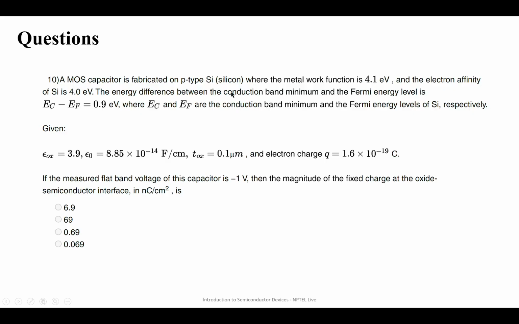Now you can calculate your phi ms, which is 4.1 minus 4.9, so that would be minus 0.8 volts. That is your phi ms. And your flat band voltage you are given as minus 1 volt.